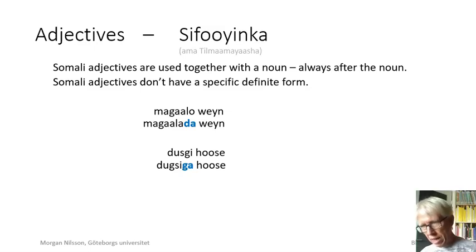So magalo Wayne, magalada Wayne. And this is a rather good test for adjectives, to see if it fits, if it works, to put it after a noun and then change the form of the noun to the definite, add the definite article, and then nothing should happen to the adjective.